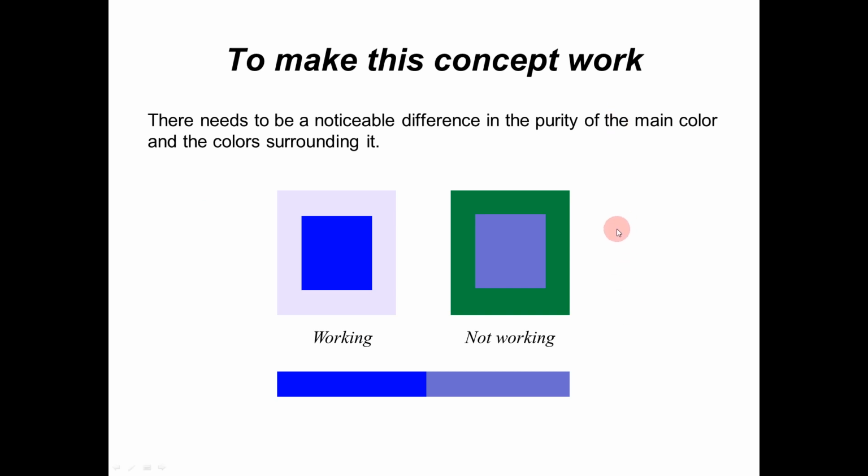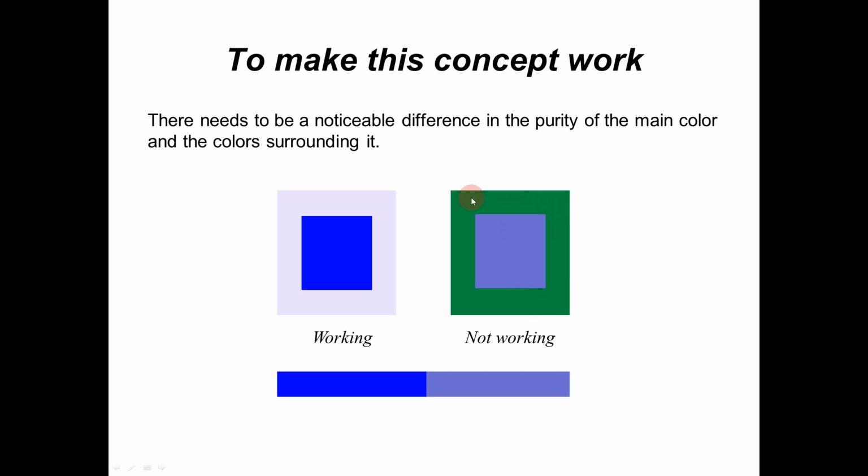So if you look in this example below, I have a pure red, blue, and the color surrounding it is a tint of violet. So it's purple with white added to it. The piece next to it, the main color is a tone of blue, so it's blue with gray mixed to it.